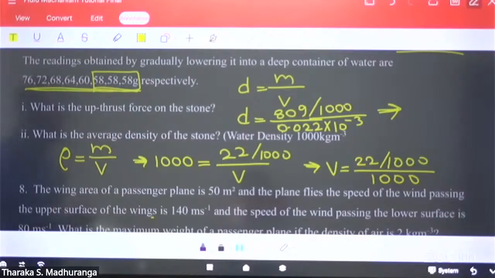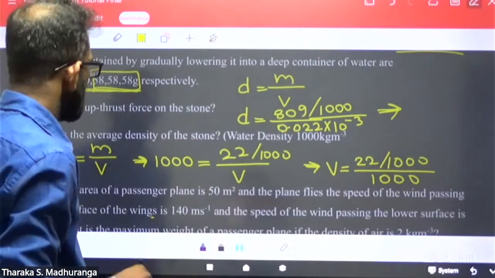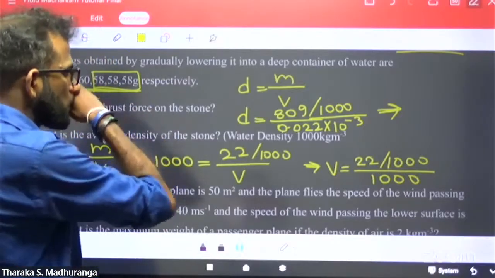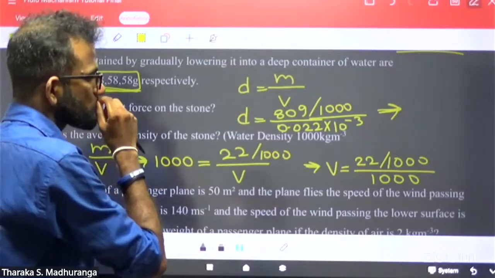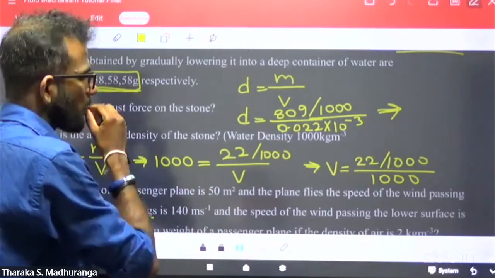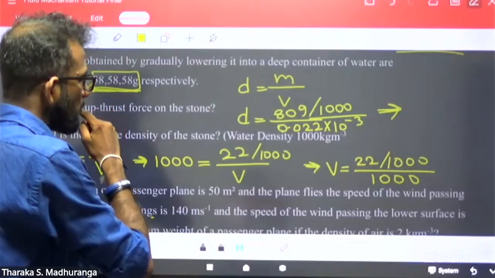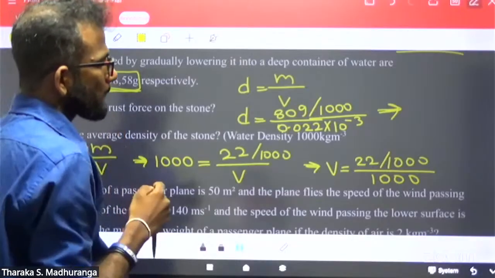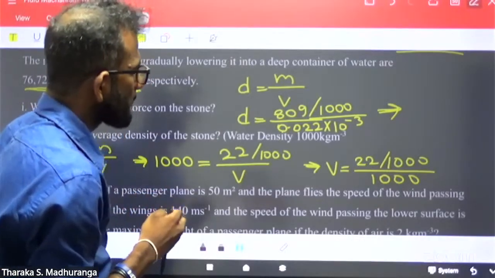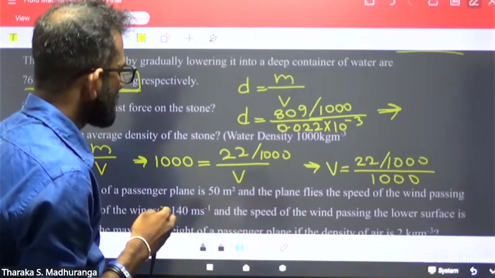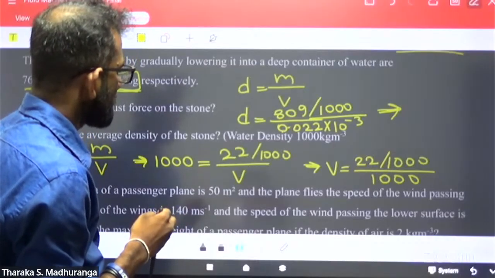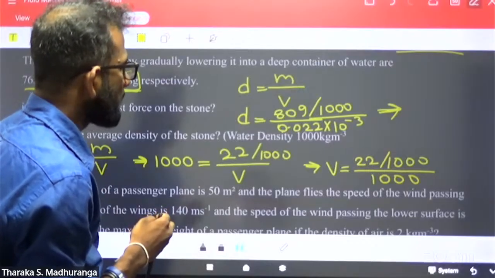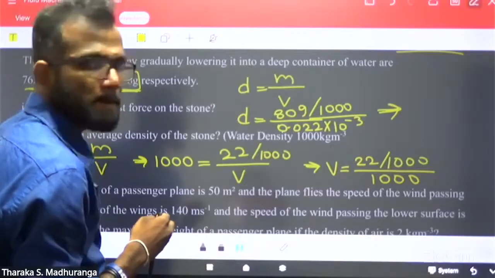Okay, what's the value? The rho equals m over v. What's the value?